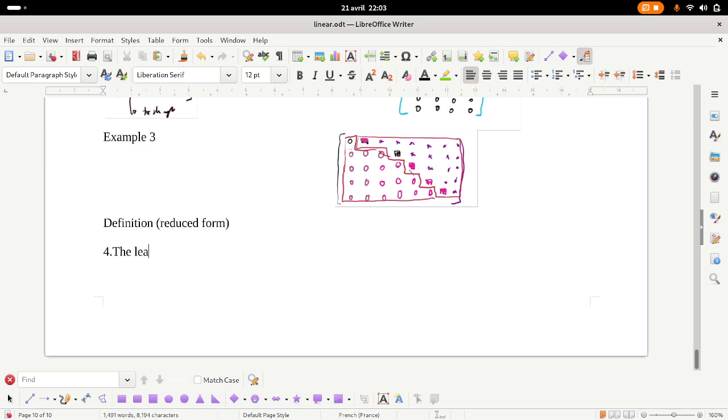The leading entry is 1, and each leading entry 1 is the only non-zero entry in its column. Voilà.